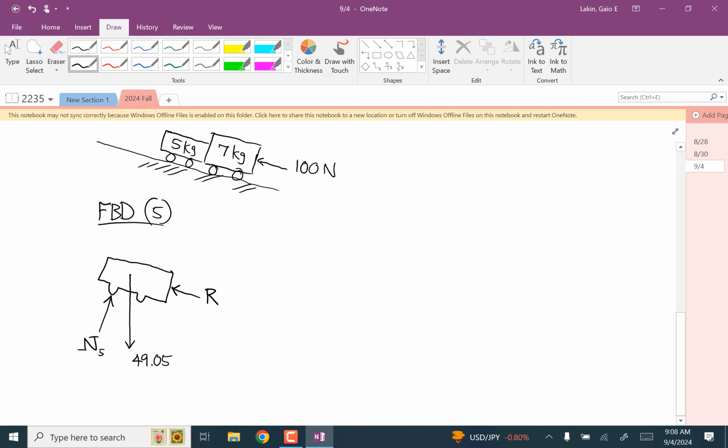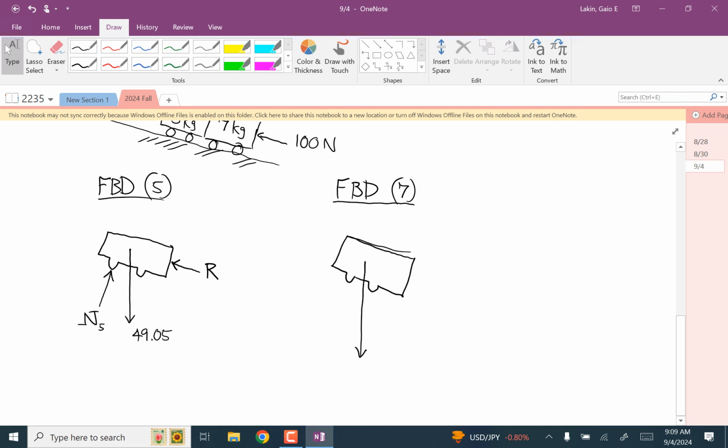Now we're going to go to the free body diagram of the 7 kilogram. There's a weight force down of 7 times 9.81, so that's 68.67.